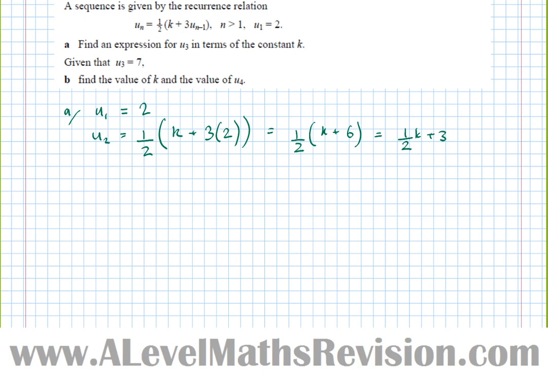So that's term 2. Term 3 equals, again, a half of k plus 3 lots of the previous term.